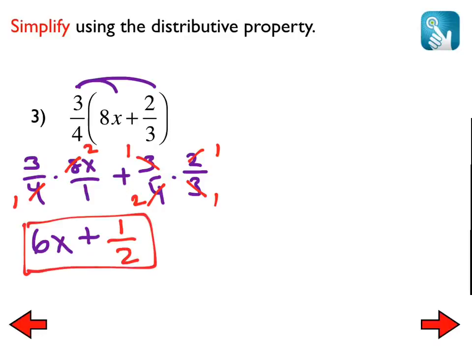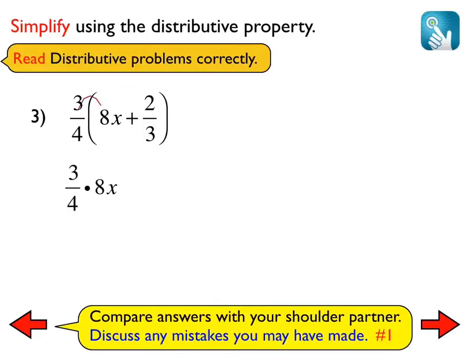So this will be 6x plus half. Okay, any questions about number 3? Okay. Alright, let's look at number 4.